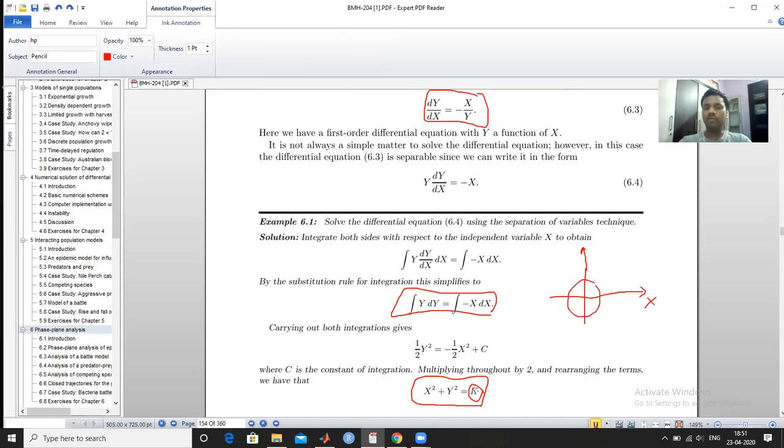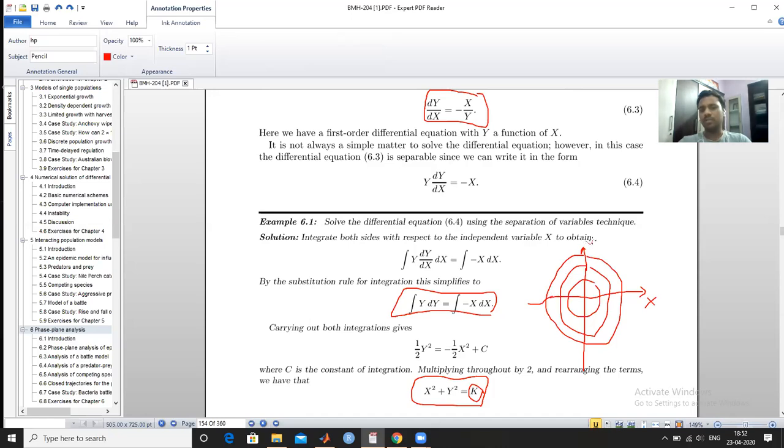For different values of k, you will get different circles with different radii. If you plot these curves for different k, these curves are known as the trajectories, and this plane is known as the phase plane.